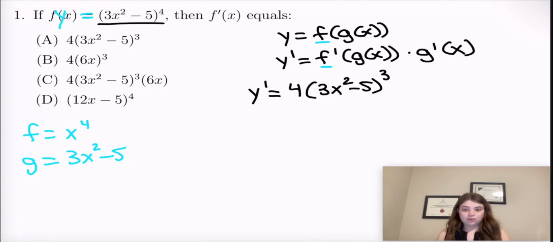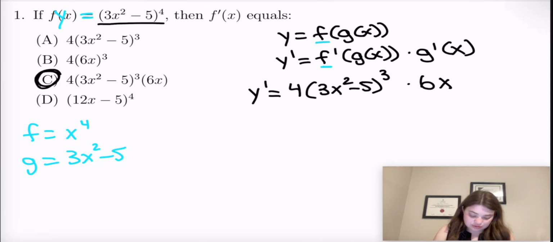Using power rule, that is 6x, so times 6x. And there we go. Now we could make this a little nicer and multiply those two, to get 24x times 3x squared minus 5 to the power of 3. However, I noticed that the answer that matches what we did is letter C. So I'm just going to go ahead and circle C, and we'll move on to the next one.